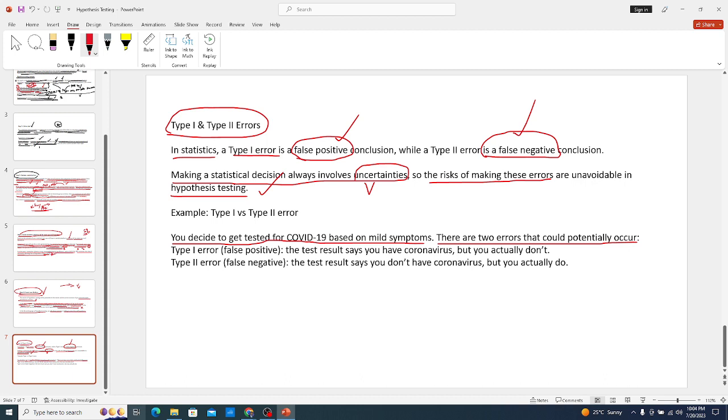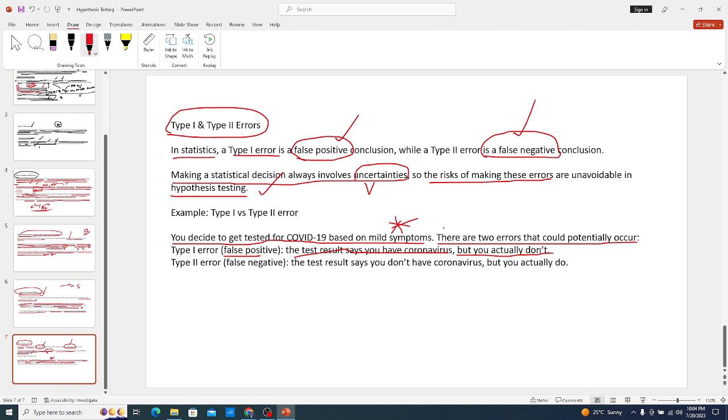Type 1, false positive. The test results say you have coronavirus, but you actually don't, because here we are just checking symptoms. Maybe those symptoms might not be coronavirus symptoms.